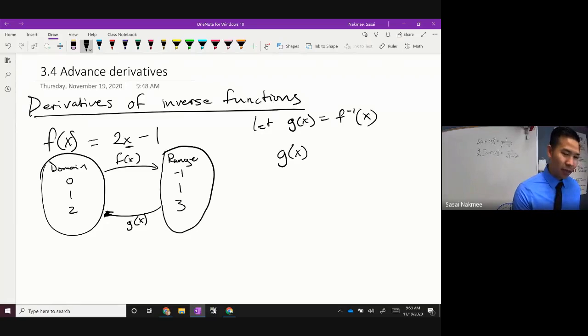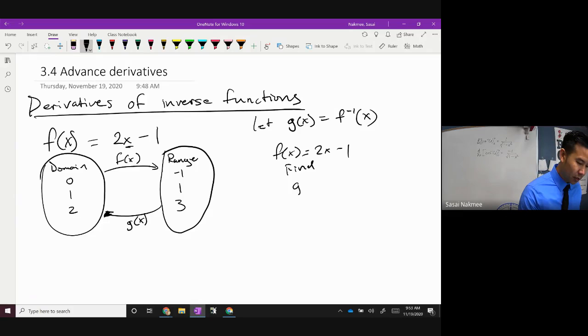All right, let me explain this for you then. You don't have to write this part down, but I can't go on without actually explaining this to you. So if the function f of x is equal to 2x minus 1, to find the inverse function, to find g of x, which is f inverse of x, what you need to do is replace the f of x with y and write this as y equals 2x minus 1.